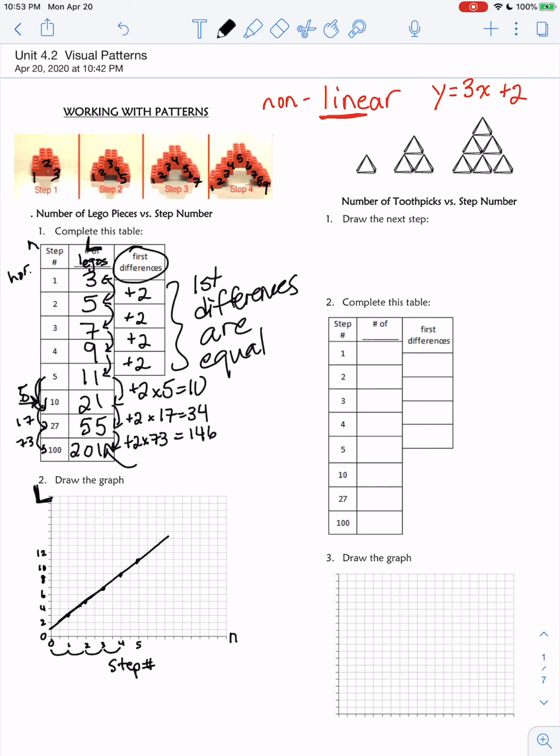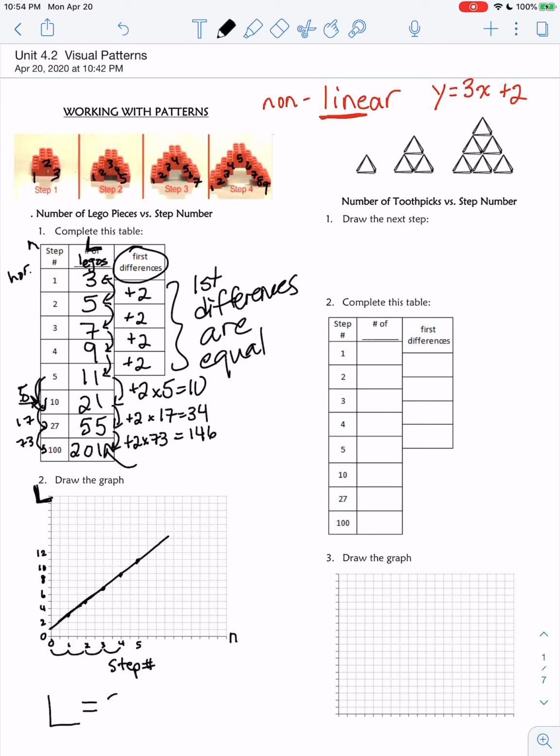Another way of doing this is to come up with some kind of an equation. Now some of you may be able to figure out the equation. I know I'm going up by 2 every time, so here's how the pattern works. The number of Legos, so L, I have to take the step number and multiply it by 2 because those are the first differences.